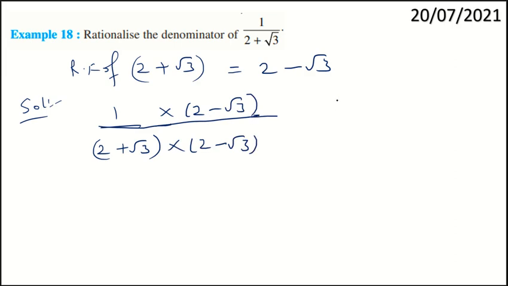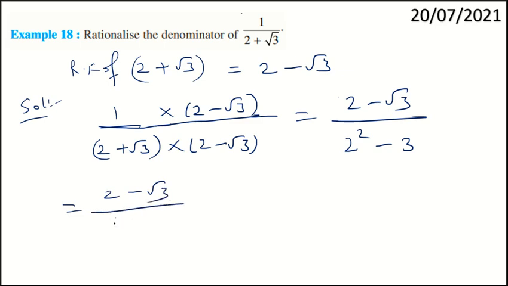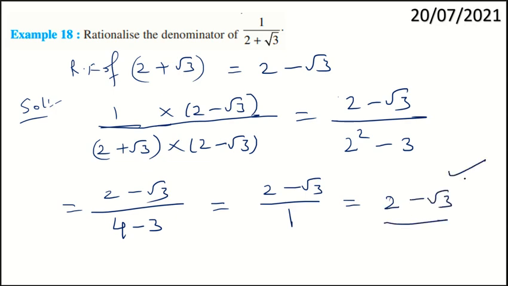So 1 into 2 minus root 3 gives you 2 minus root 3 only, upon 2 plus root 3 into 2 minus root 3, which is 2 square minus root 3 square, which is 3. It implies 2 minus root 3 upon 2 square is 4, 4 minus 3. It implies 2 minus root 3 upon 1, where if the denominator is 1, we need not write it specifically. So 2 minus root 3 is the equivalent fraction of 1 by 2 plus root 3.